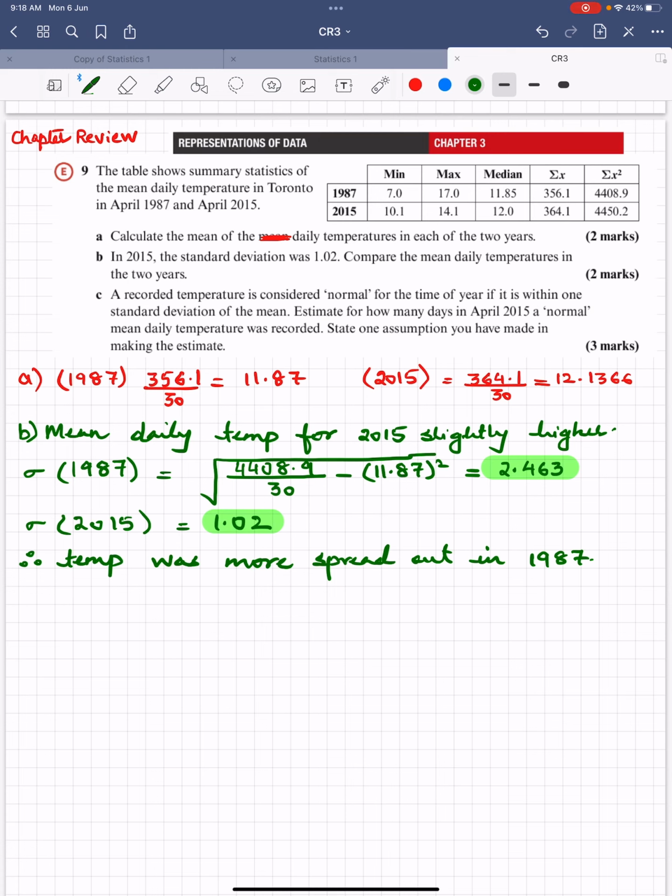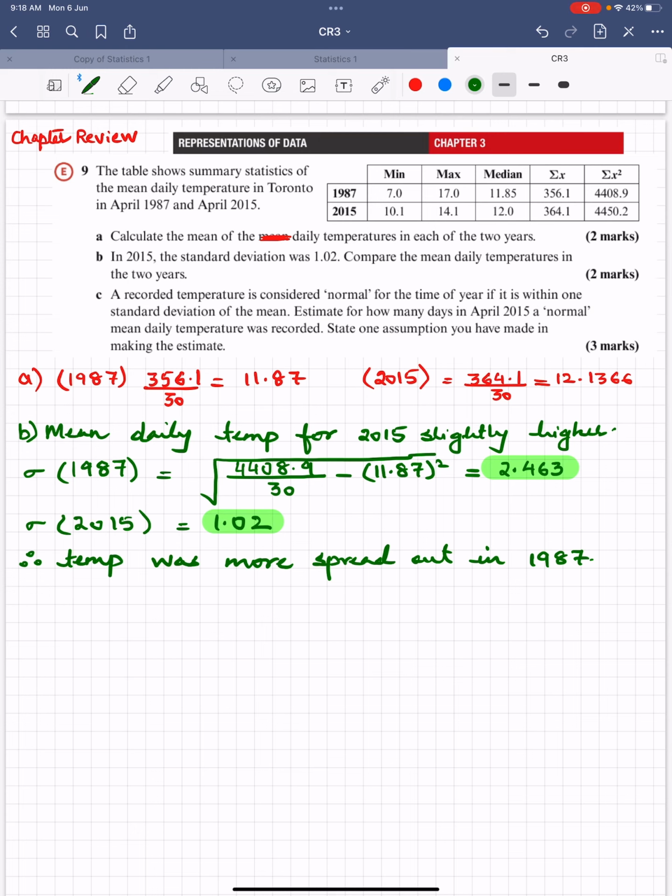Part C, a recorded temperature is considered normal if the time of the year, if it is within one standard deviation of the mean. Estimate for how many days in April 2015 a normal mean daily temperature was recorded.